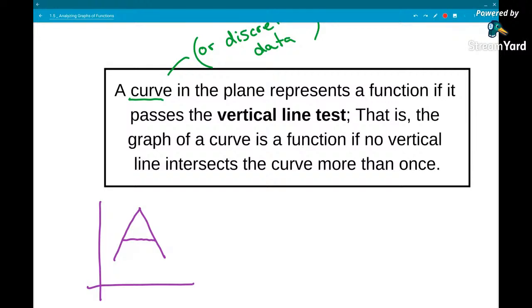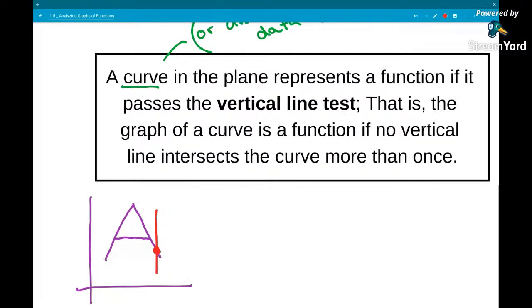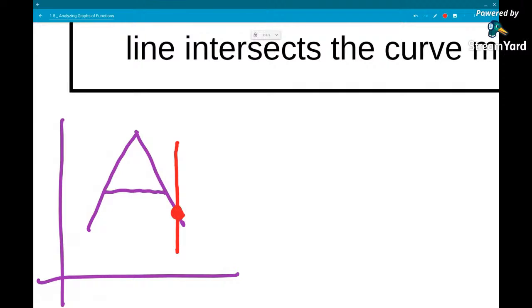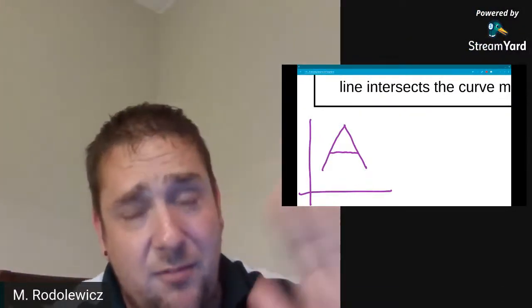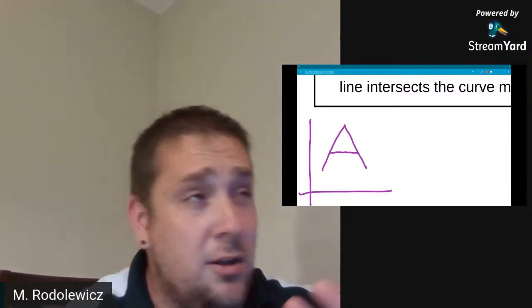However, you say, nope, this is a function because it passes the vertical line test, right? I mean, I get what you're saying. You drew a vertical line that shows it only intersects once, but you have to consider, and here's where it's a little abstract, but bear with me, you have to consider every single vertical line that you could potentially draw.